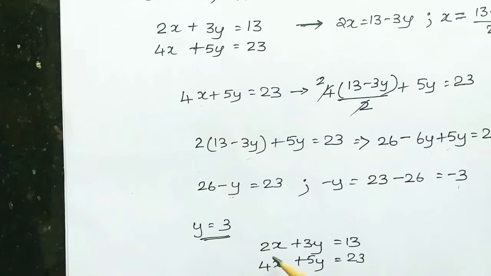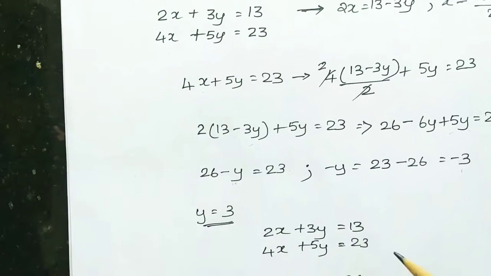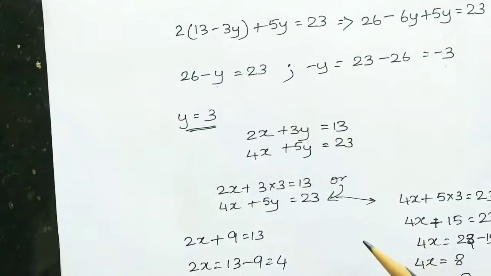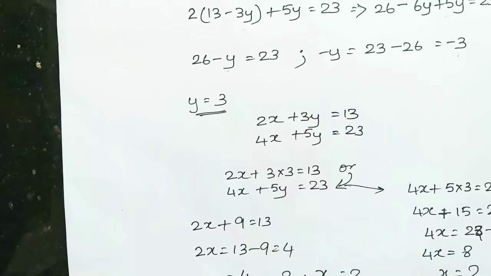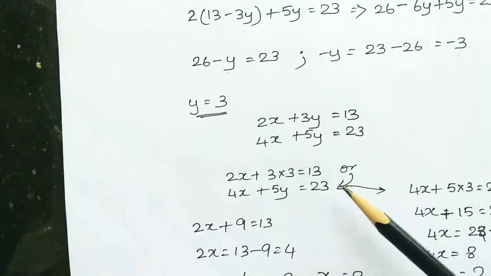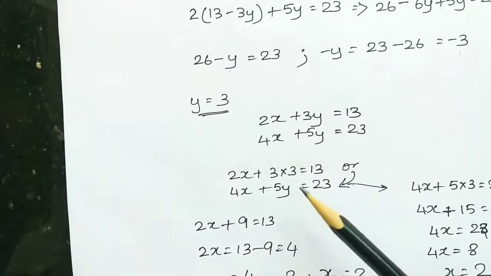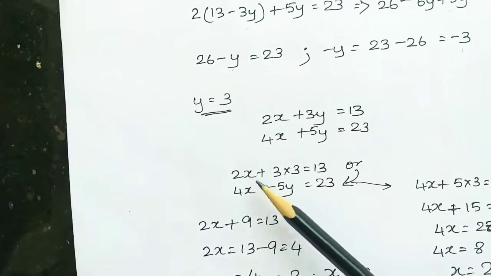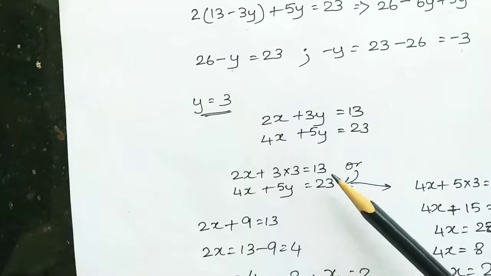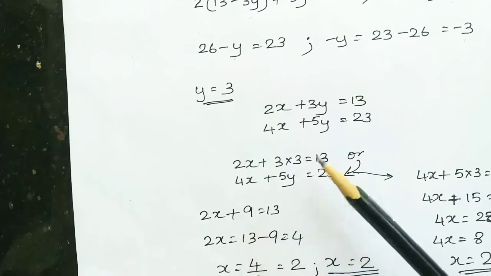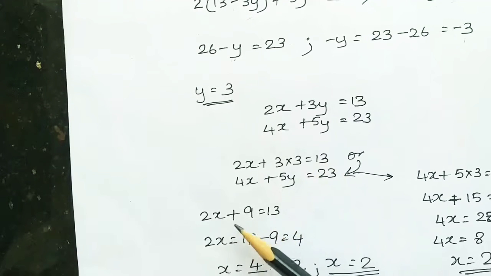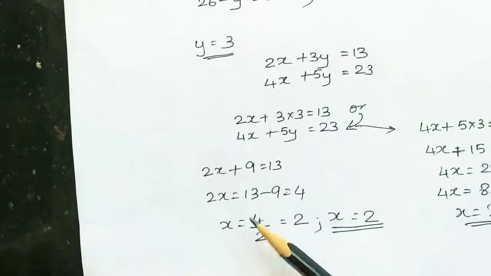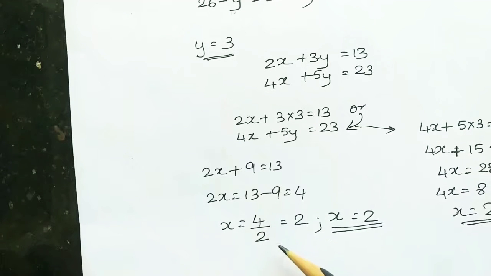Now we are going to get the value of x by substituting this value of y in either of these two equations. I have taken the value of y as 3 and substituted it in 2x plus 3y is equal to 13. That means 2x plus 3 into 3, this is 9. 2x plus 9 is equal to 13, and x is equal to 2.